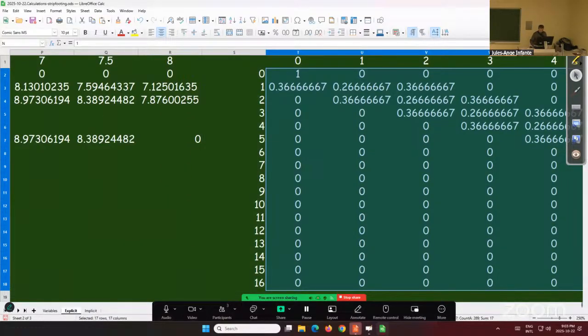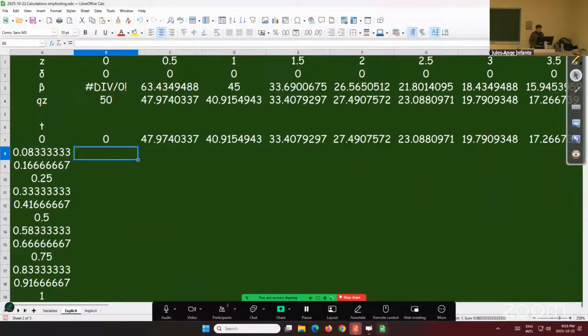Okay, so now transpose. No, M mult. Transpose, that's multiplication. M transpose.